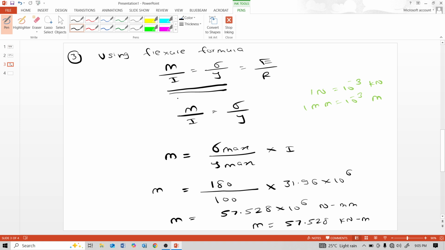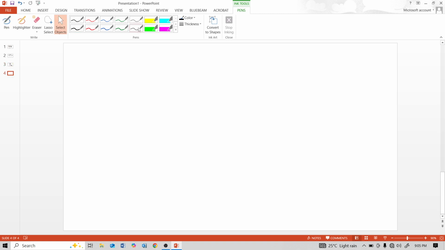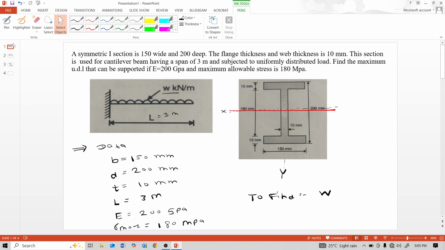Now next, calculate the bending moment for this cantilever beam. For the cantilever beam, see this W, uniformly distributed load, acts here at the center of this beam.